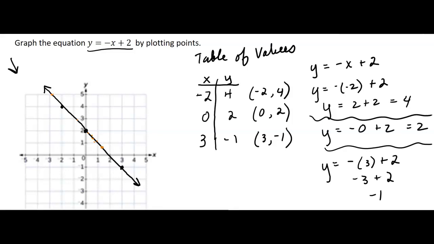Now, it's really hard to read those points off the graph, and my line might be crooked, so it might not work exactly. But the idea is this is a picture of that equation. So that line represents all the ordered pairs that make that equation true, all the combinations of x and y that work for that equation right there.